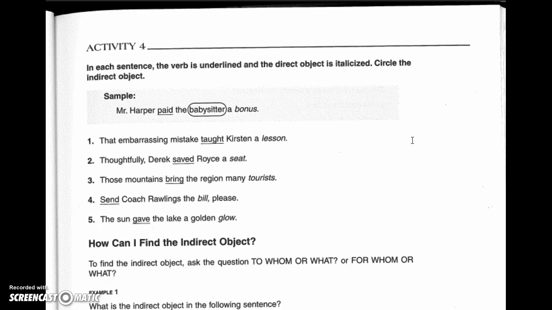Can you see that? It's generally the last word here. You're going to be circling the indirect object because the verb is already underlined for you and the direct object is italicized. So please pause your screen and do questions 1 through 5 on activity 4.